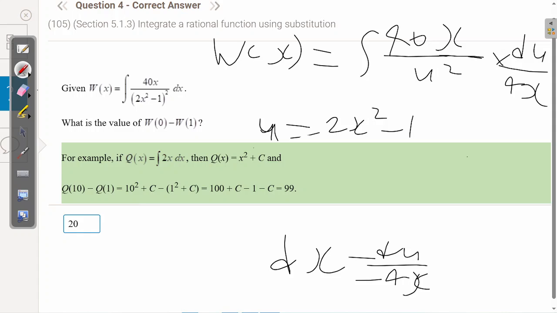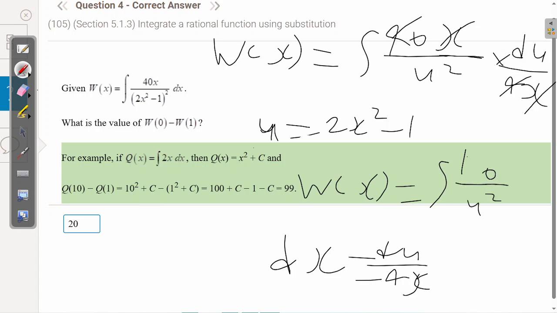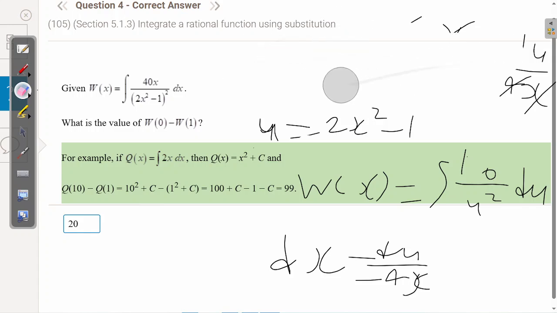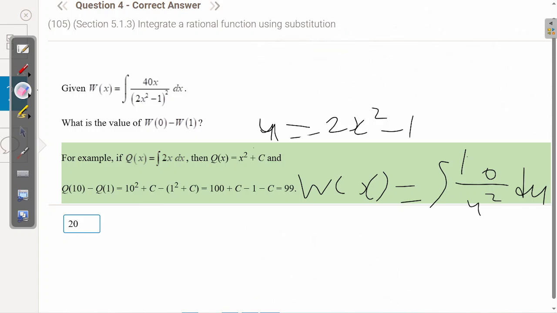Now what can we cancel? x, x, and 4. So now we're left with w of x is equal to the integral of 10 over u squared du. Now we can integrate it. So how do we integrate this?